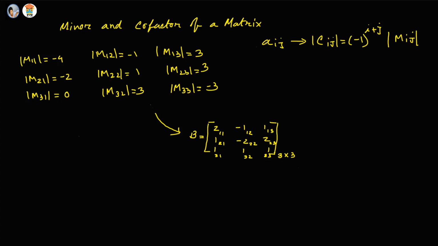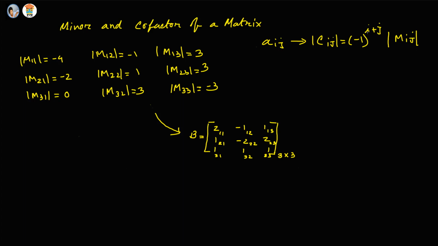That means we have to add the row with the column, then multiply by Mij.